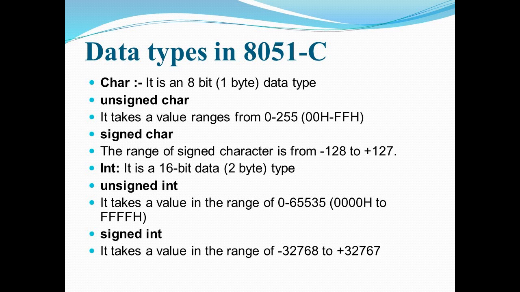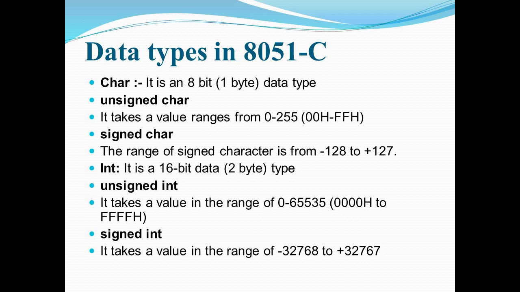This char can be used as an unsigned char, in which we get the range from 0 to 255. You can find the range as 2 raised to 8, which becomes 256, so we can have a number between 0 and 255. If we use a signed char, the range becomes smaller, from minus 128 to plus 128.